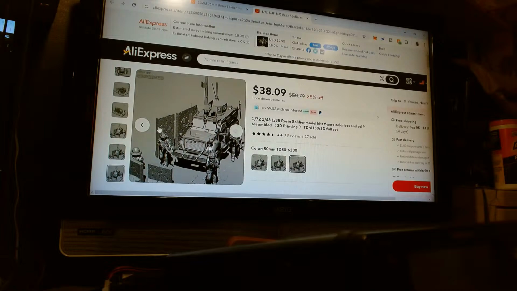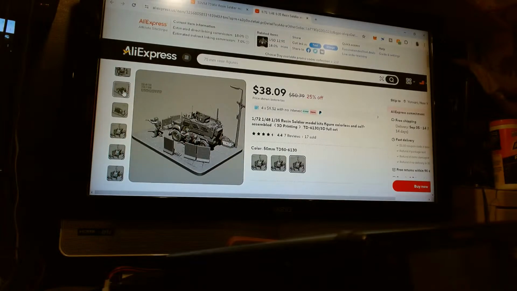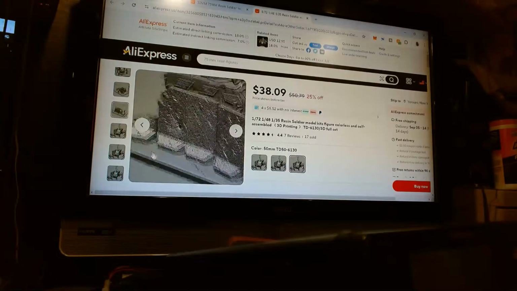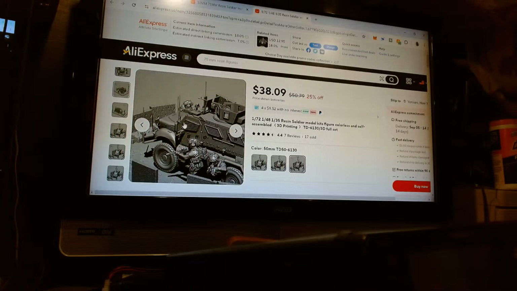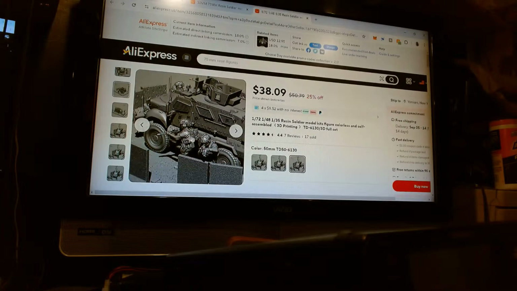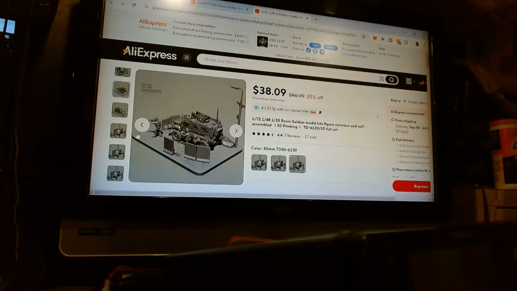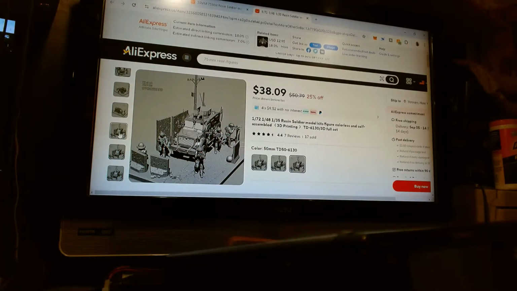So you're going to get this whole 3D printed thing. In this case, it is an armored vehicle with one, two, three, four soldiers, and it looks like it's in an urban setting, right?